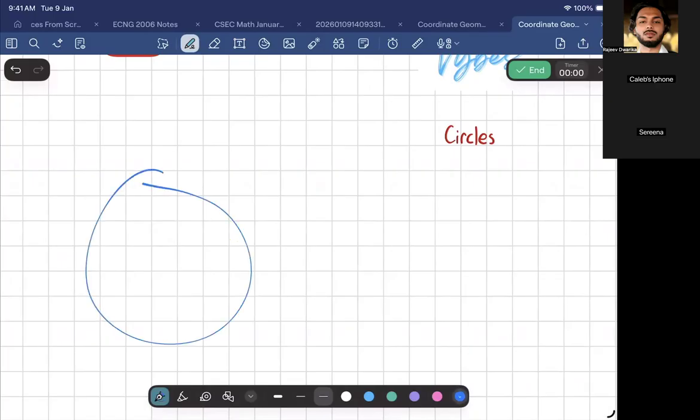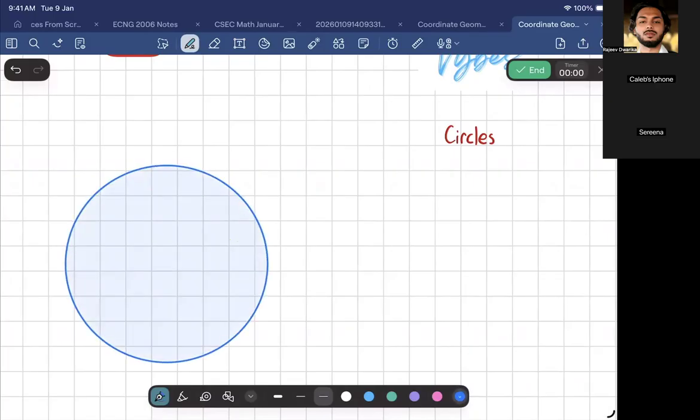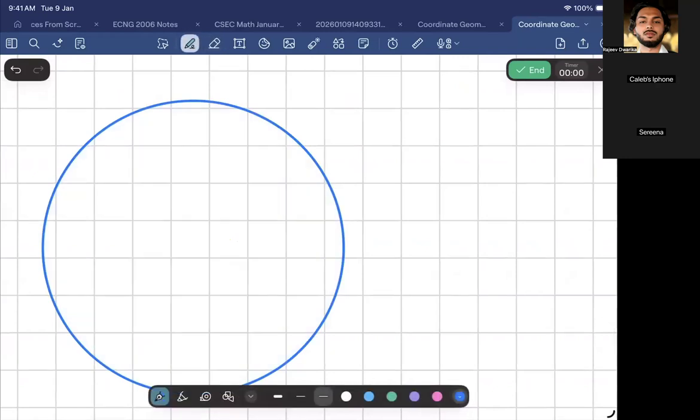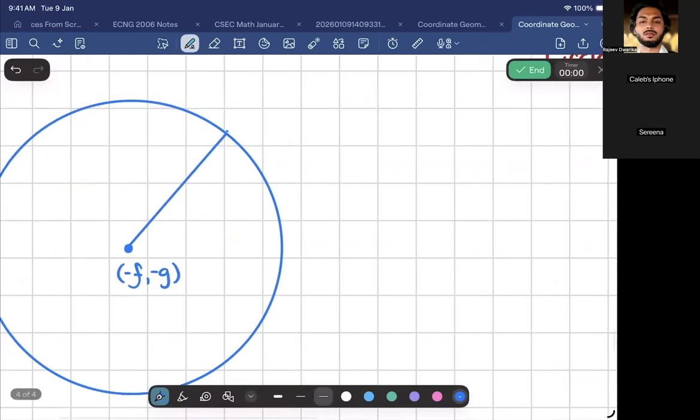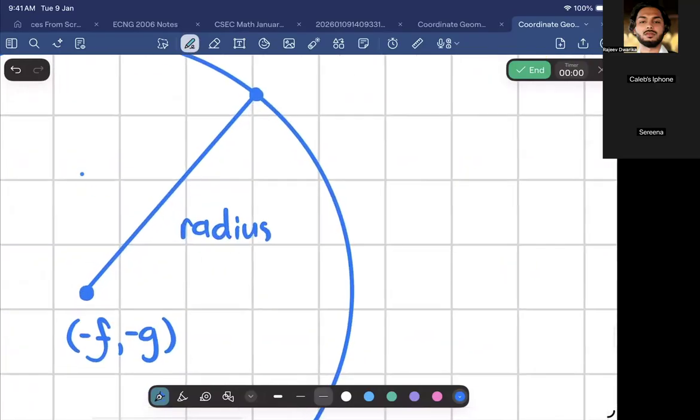So if you have a circle here, the center is going to be given by minus f comma minus g, right? This over here, I think we could all see that this is the radius. And we would sometimes call that the normal.